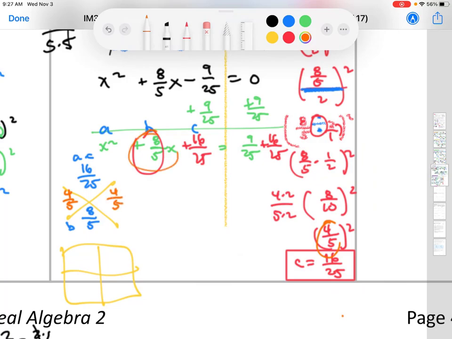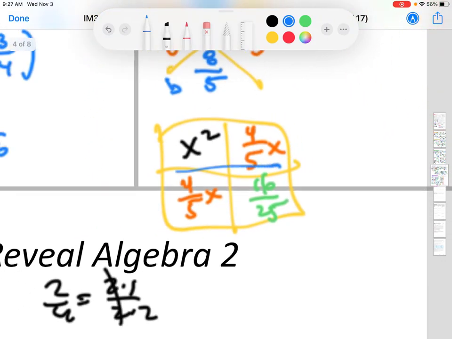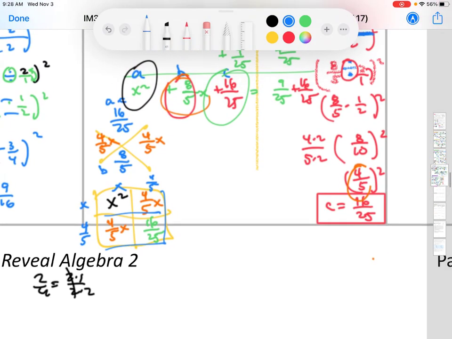That splits this term, so add 4/5 x, 4/5 x. That'll be x squared and 16/25. Let's find your greatest common factor: x, 4/5 x, and 4/5. So that'll give us x plus 4/5 squared equals, you can add those together, 25 over 25 is what? 1.